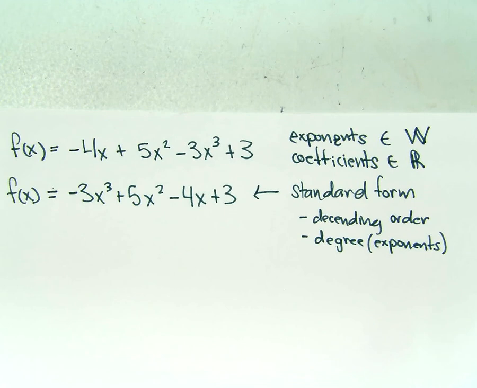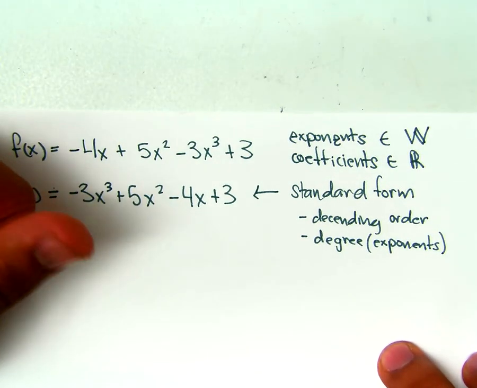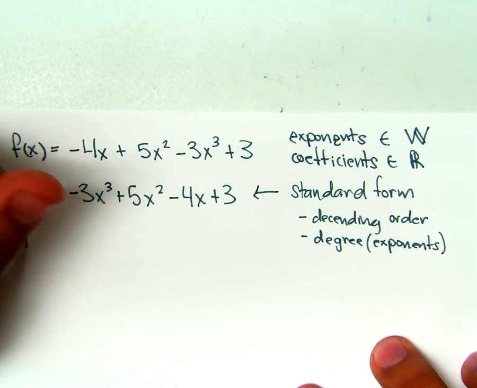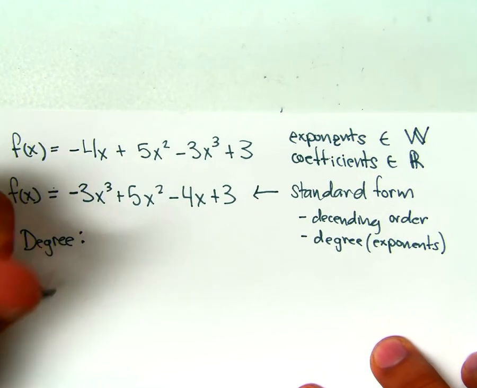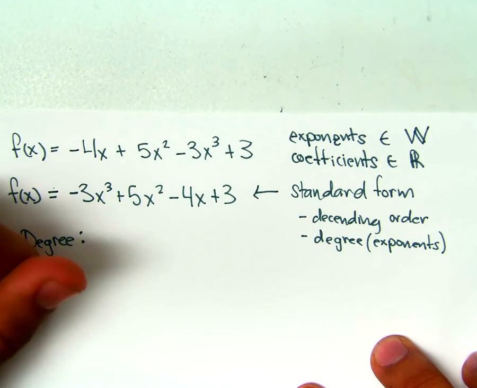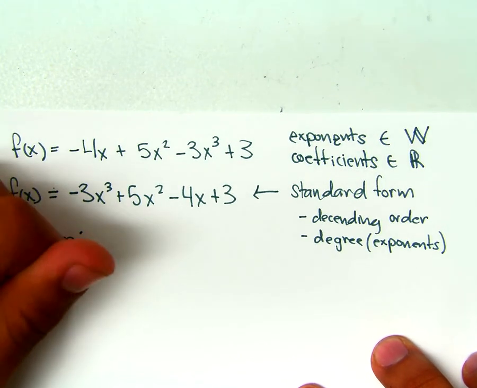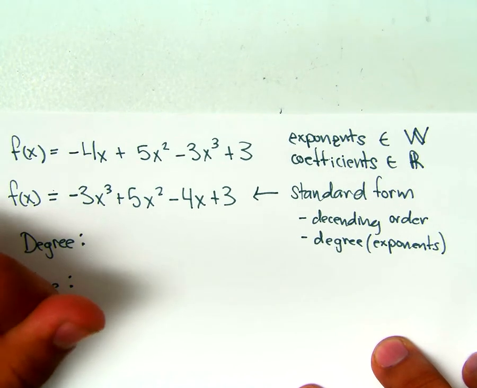Okay, so once we have it in standard form, there are now three things that we want to be able to find, or three things that we want to be able to describe. And that's the degree of the function, the type of function, and the leading coefficient.